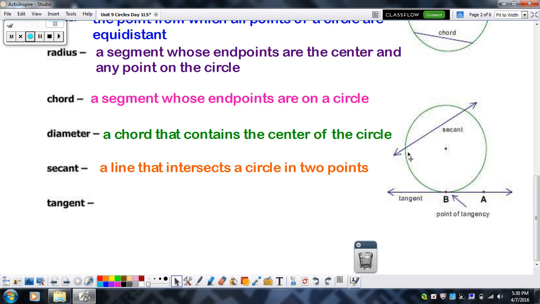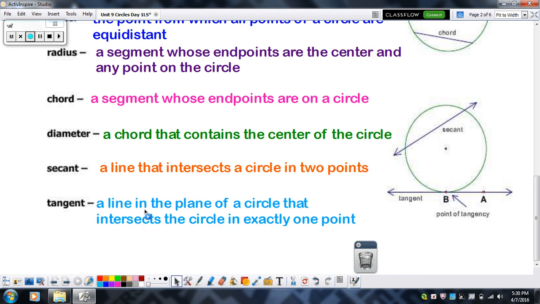Notice the difference between a secant and a chord. A chord is a line segment, whereas a secant is a line. The tangent is a line in the plane of a circle that intersects the circle in exactly 1 point. That point is referred to as the point of tangency.